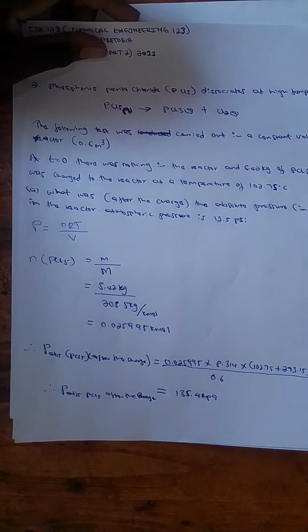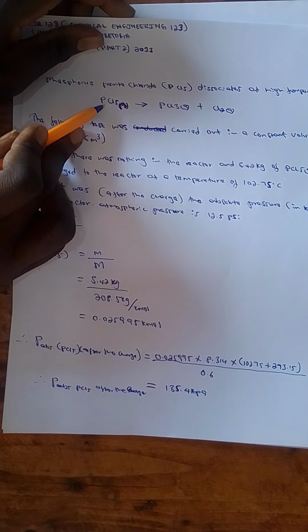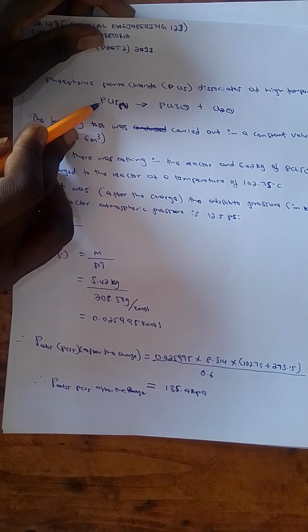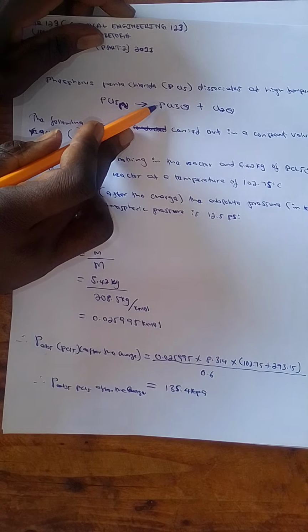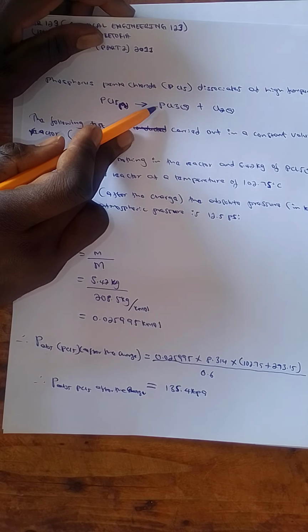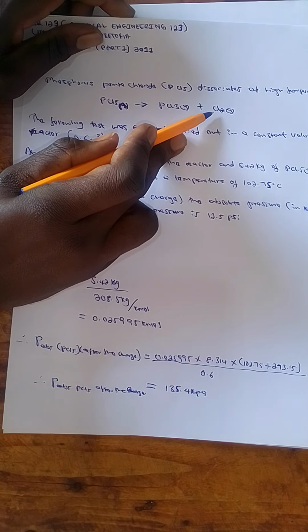Where's the reaction equation? Here. So we are basically saying that if we agree that X amount of PCl5 did decompose, then because the ratio of PCl5 and PCl3 is 1:1, X amount of PCl3 formed, and also equally X amount of Cl2 formed.